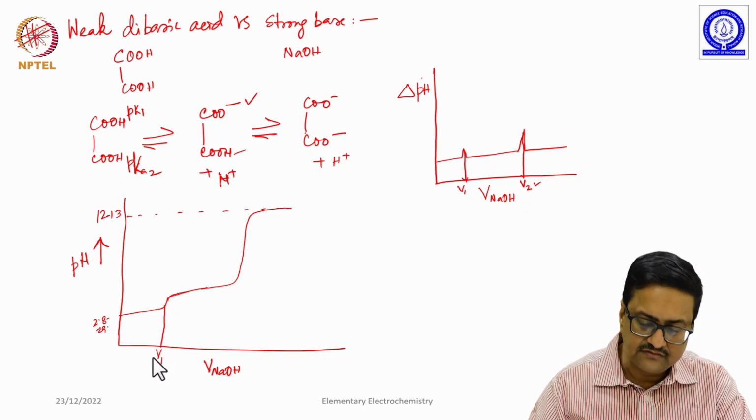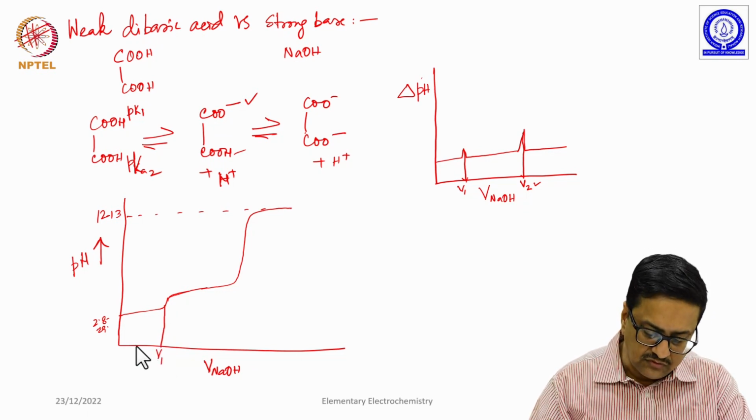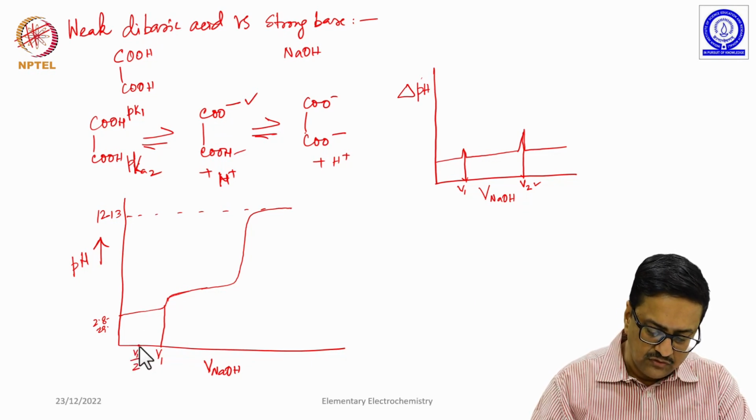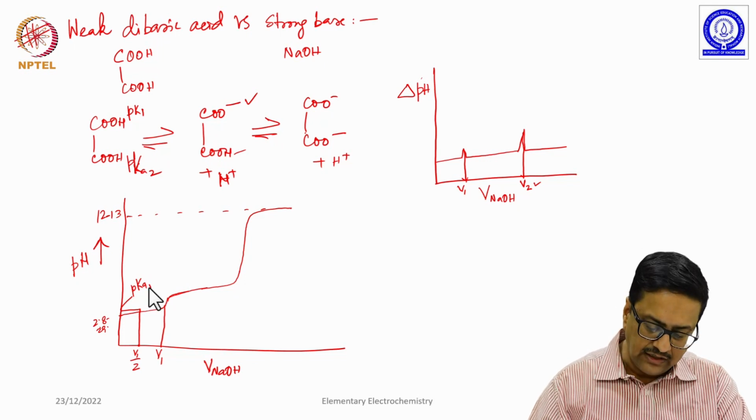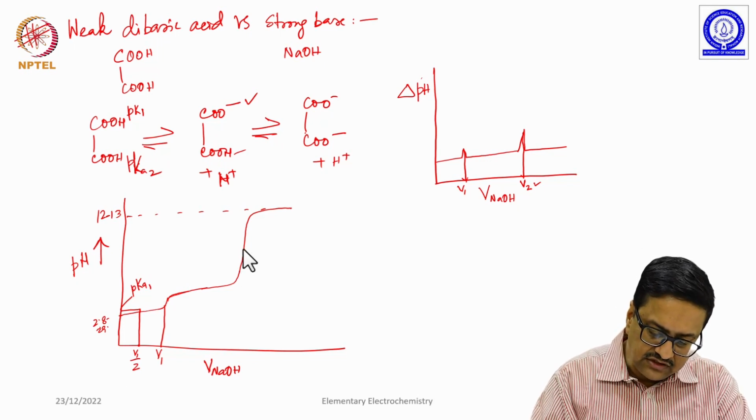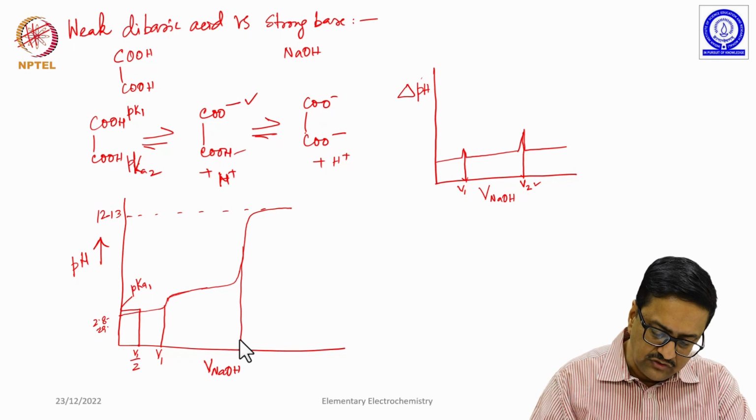Suppose this is the value for V1. This point, which is V1 by 2, the corresponding pH is your pKa1, and then this volume V2.